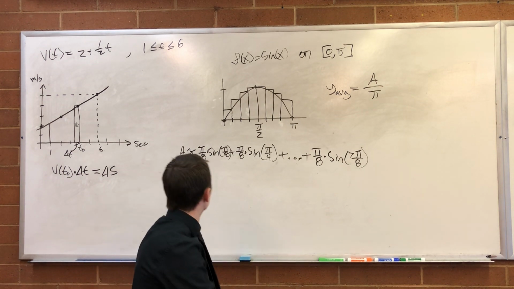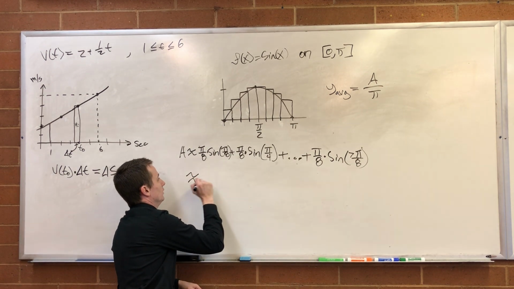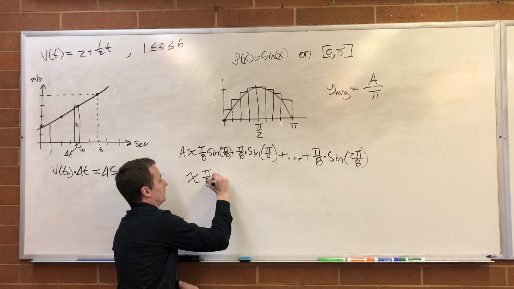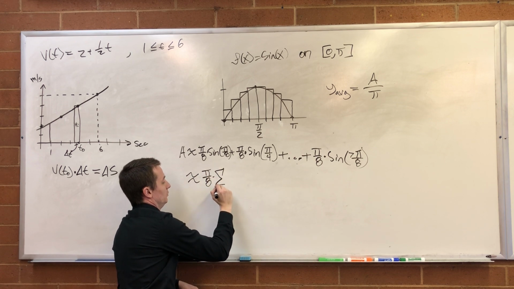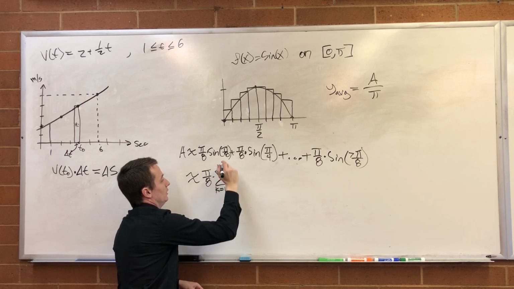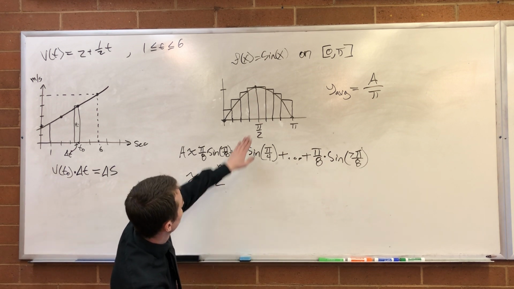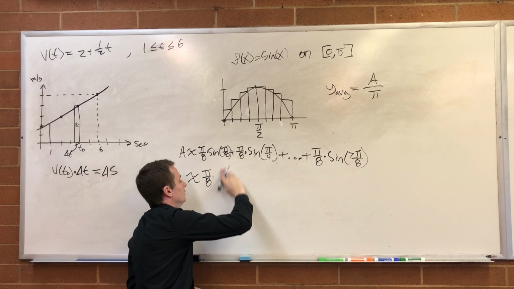So this is roughly pi over 8 times the sum from k equals 1, no, can't do it like that because we don't always use the same point. Sorry.